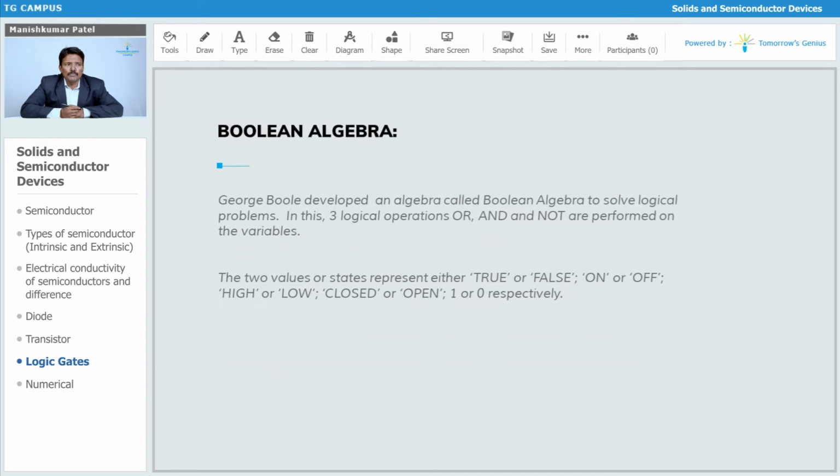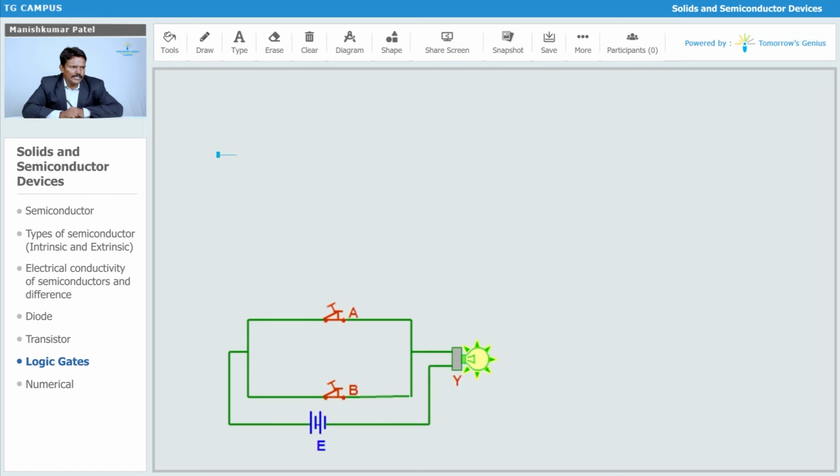Now, what is Boolean algebra? In Boolean algebra you perform different operations on logic 0 and logic 1. Let's say this is a circuit which consists of two switches, and a bulb applied across a battery.